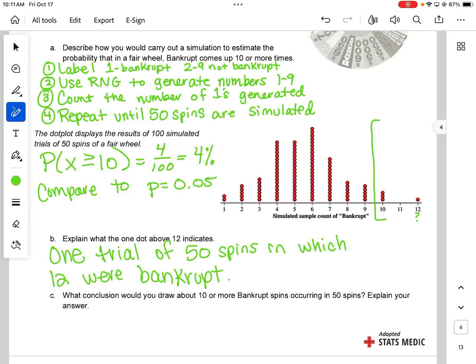That is our boundary point. If it's smaller than that, it's considered unusual. We'll probably see that later. I don't know if it's less than or less than or equal to; I'll have to look that up. So smaller than 0.05 is considered unusual.